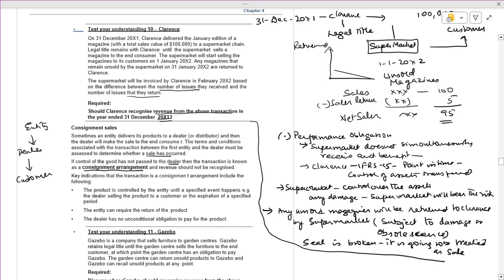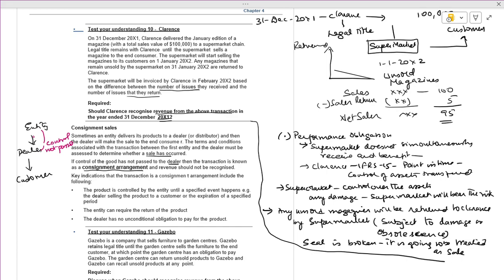If the control is not passed to the dealer, the entity still has the control over the asset, so don't treat it as a sale or revenue.